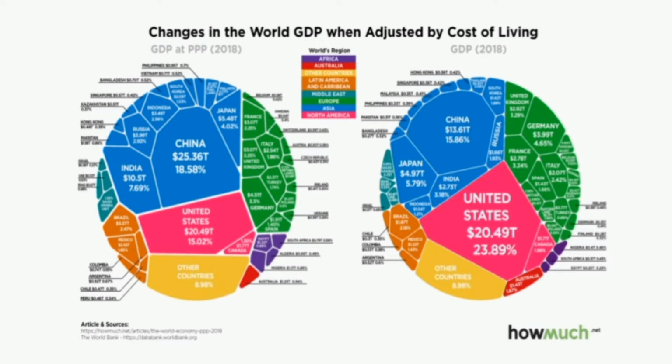And if you add Japan to them, then you can say that United States plus China plus Japan makes half of the net world GDP. Amazing.